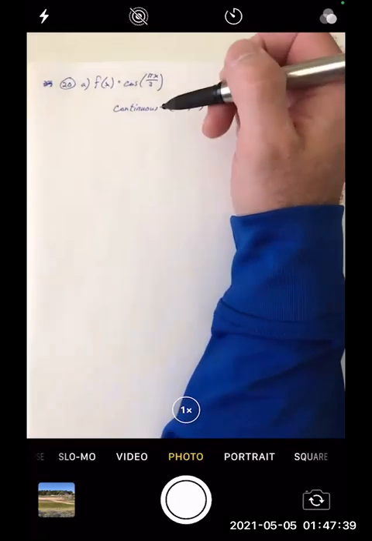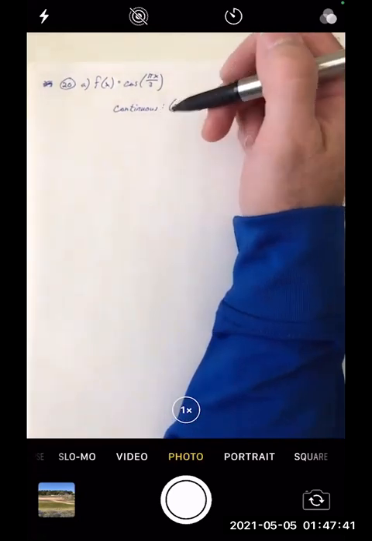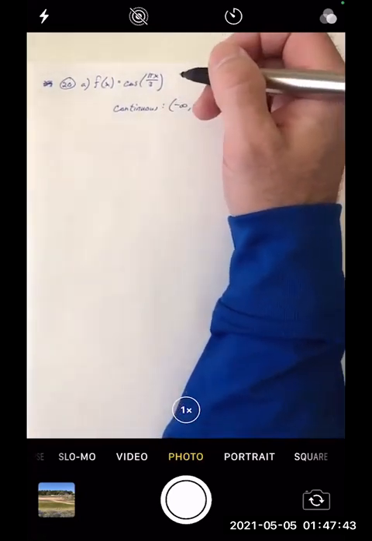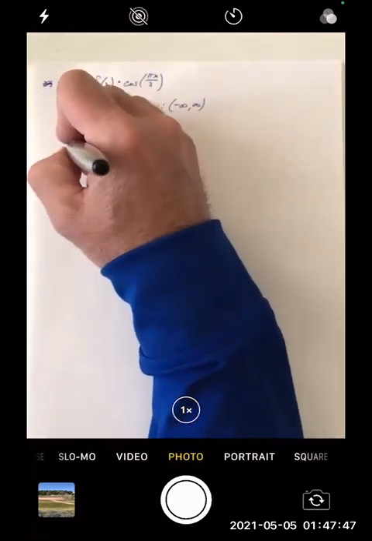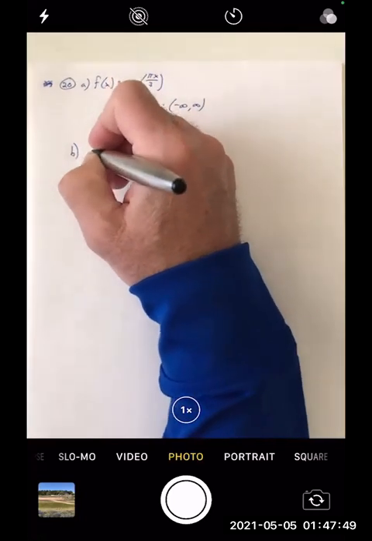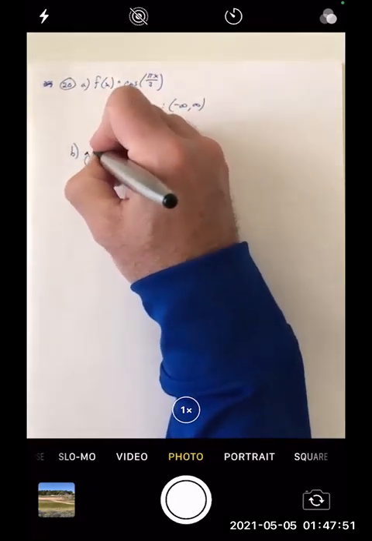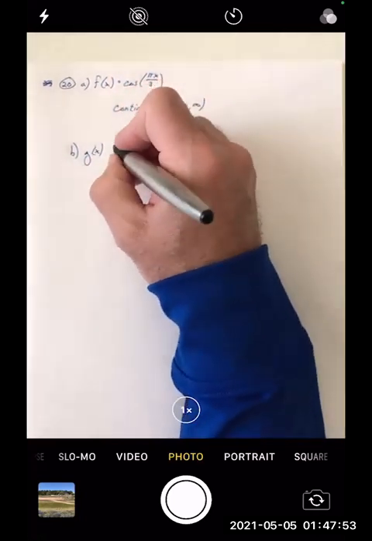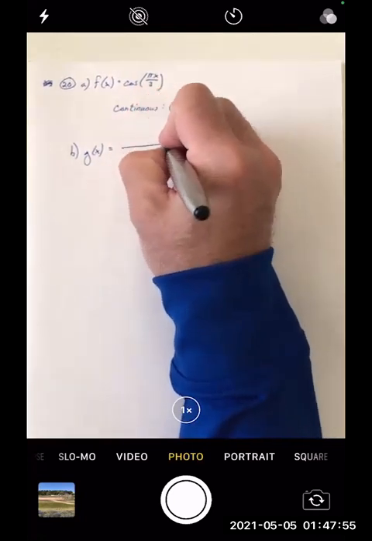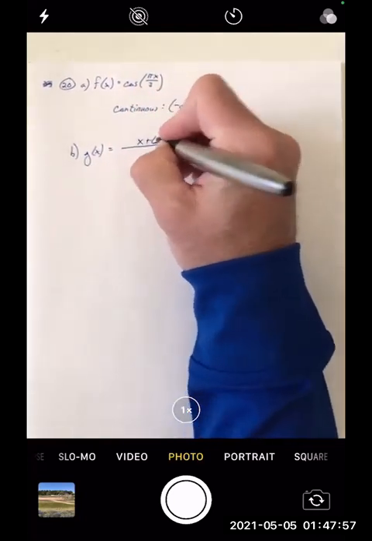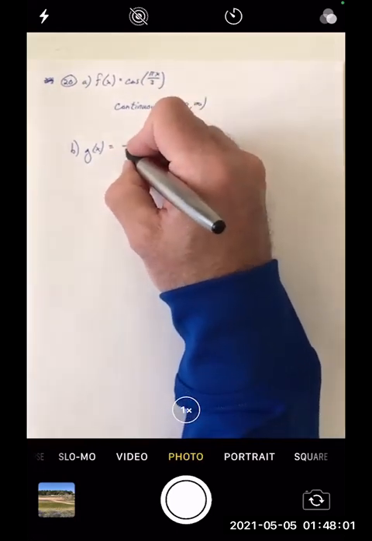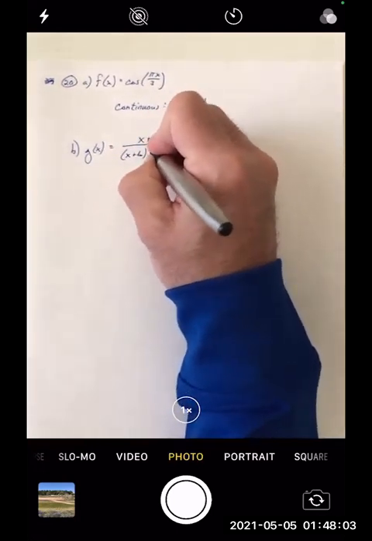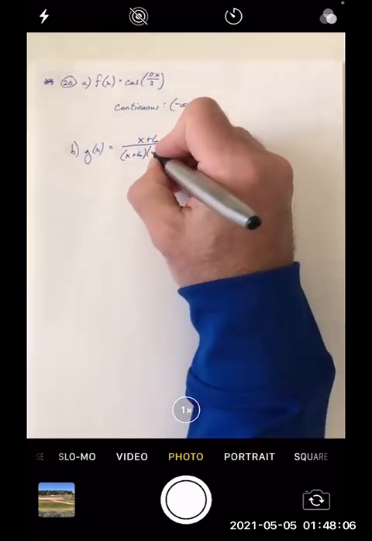Whereas opposed to, like, 20b, that one, we can factor the denominator. So x squared minus 2x minus 48, that's just x plus 6 and x minus 8.